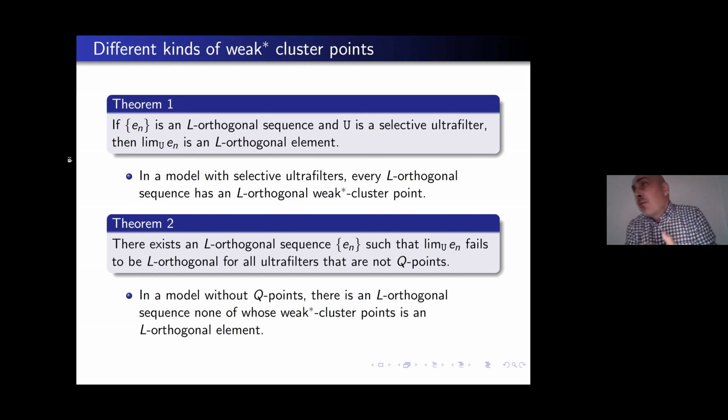Another open question for us is that we have not been able to get a Banach space where there are L-orthogonal sequences, but there are no L-orthogonal elements at all. We have not been able to push this machinery to kill all L-orthogonal elements, not only the weak star cluster points.